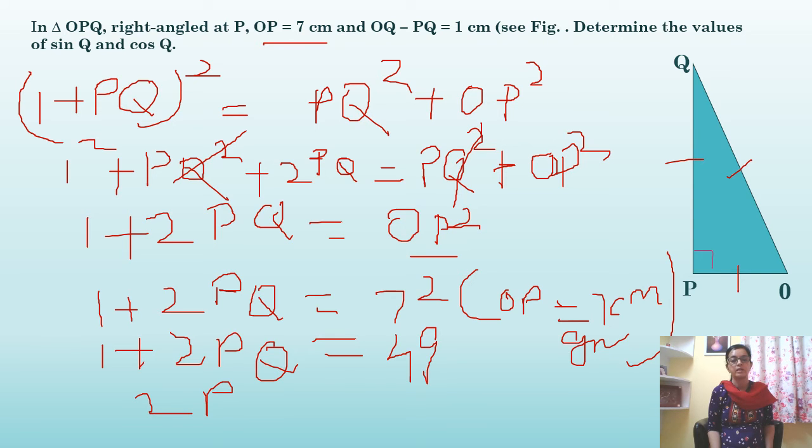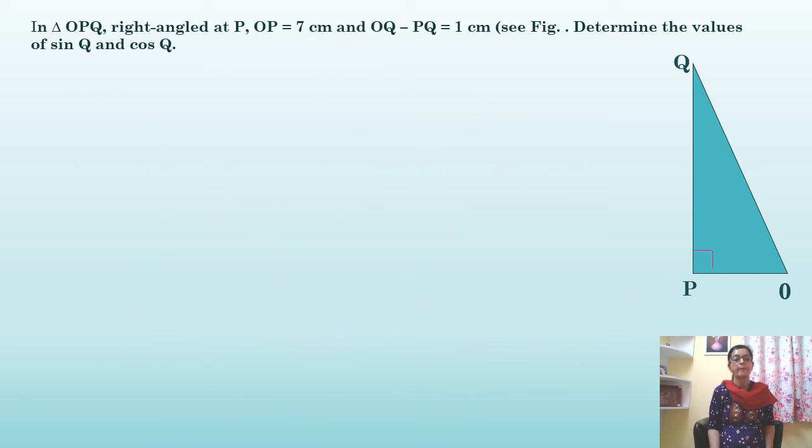2PQ is equal to 49 minus 1. We transposed 1 to the RHS. 2PQ is equal to 48.